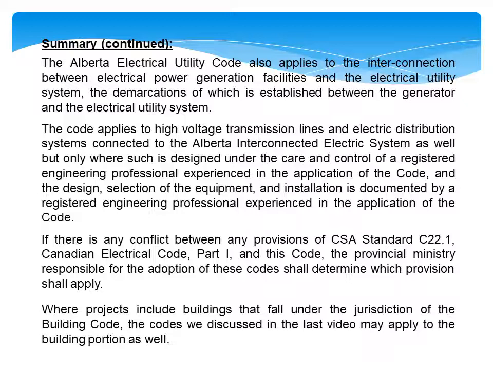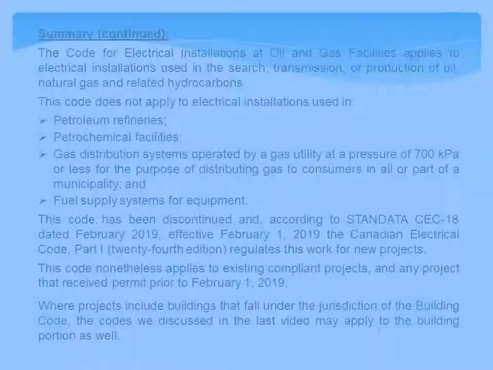However, it applies to the interconnection between electrical power plants and the electrical utility system, and to high voltage transmission lines and electrical distribution systems that are connected to the Alberta Interconnect electric system and are designed and documented under the care and control of a registered engineering professional.